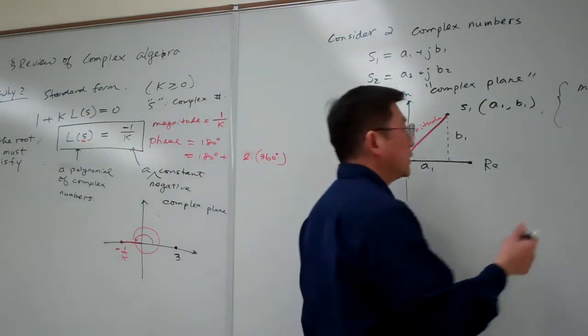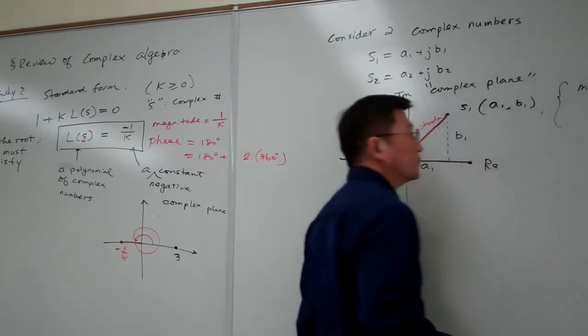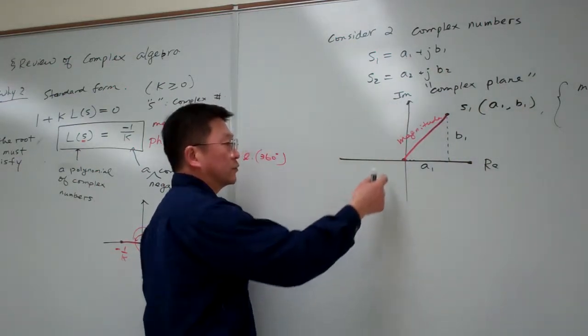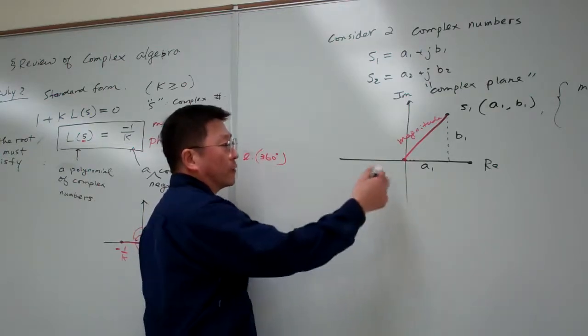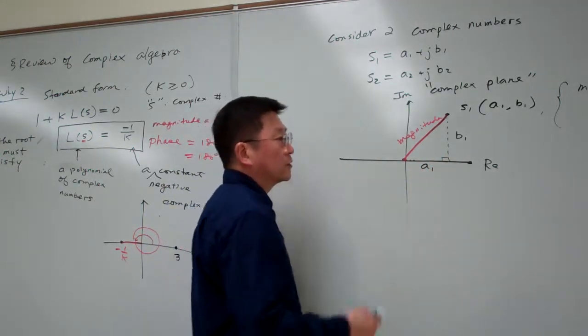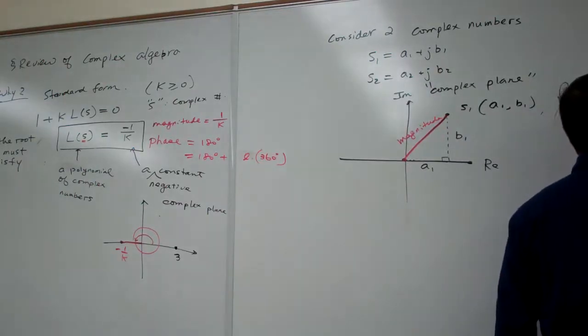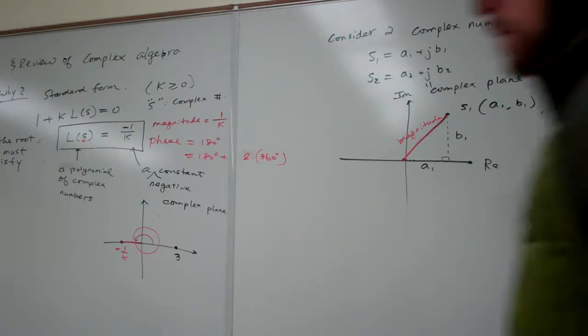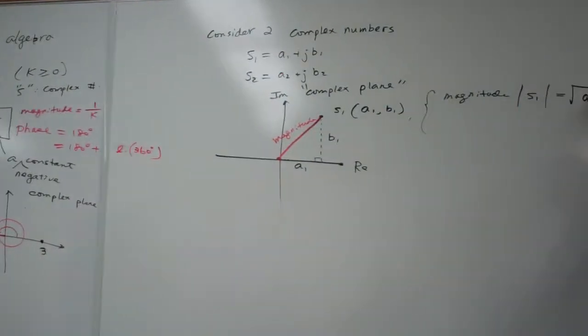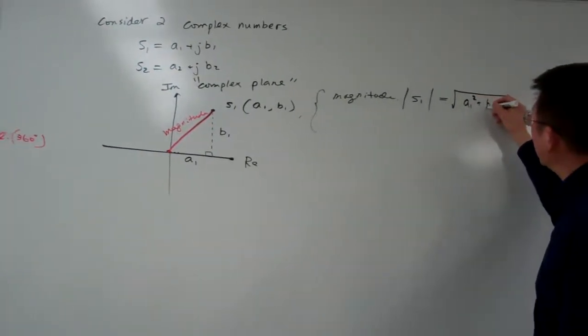For this case, the magnitude, by definition, is the distance between the origin and the location of the complex number. So graphically, you can pretty easily tell that it is determined by the square root of the squares of the individual parts, A1 squared plus B1 squared.